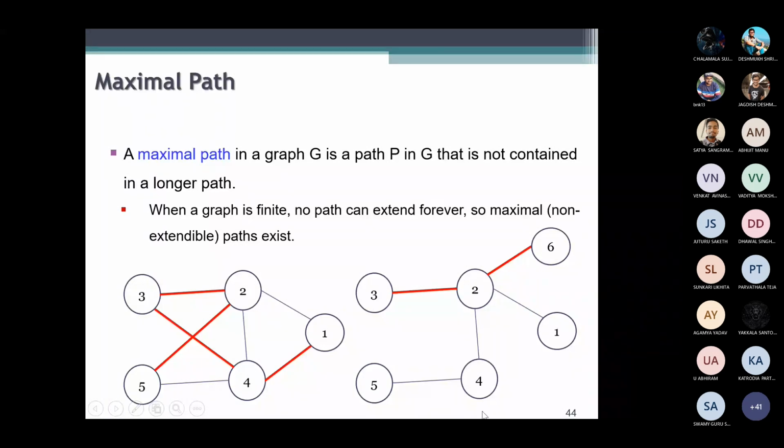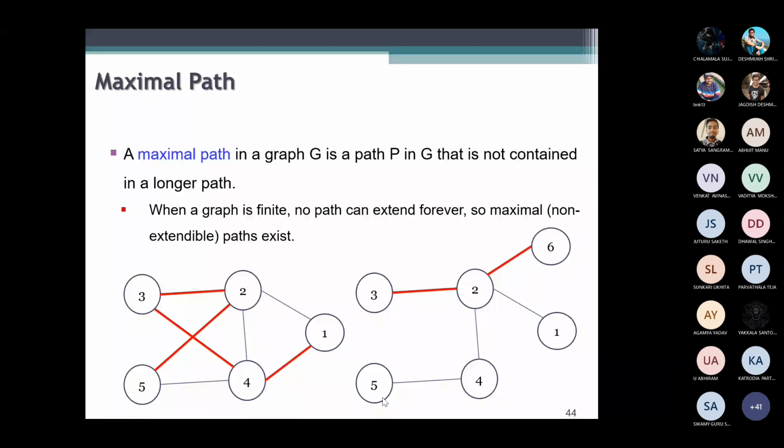Okay, sir. 3 to 4 is a path, it is okay, but it is not a maximal path because this path can be extended to 3 to 4 5. So this path 3 to 4 is contained within a longer path which is 3 to 4 5. Okay, sir. Okay.